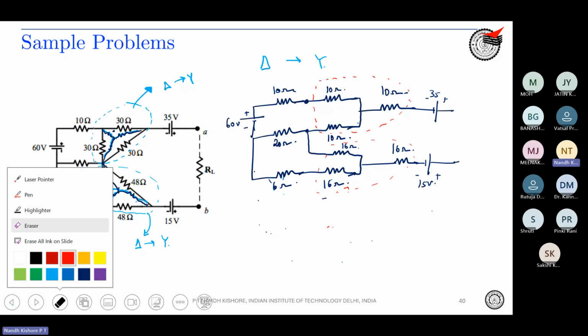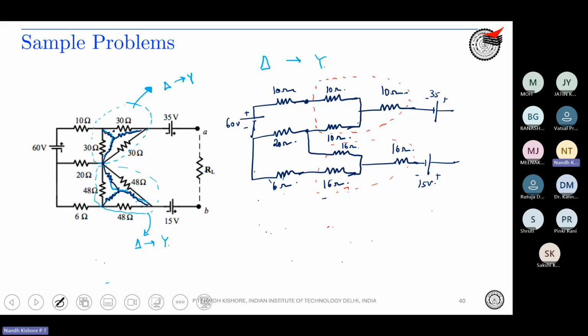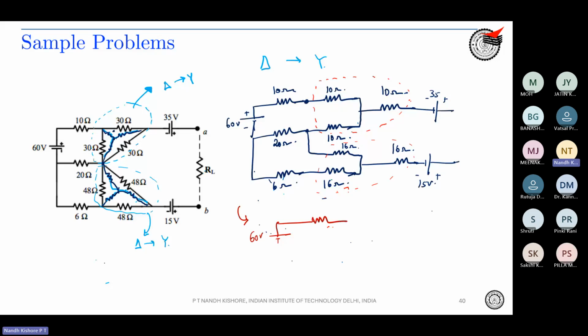So let me take another color, and we will simplify this a little. So 60 volts, and you are having 10 and 10 in series, 20 ohm, and over here you are already having 20 ohm. From the 20 ohm, you are having two branches. One is 10 ohm and the other one is 16 ohms.